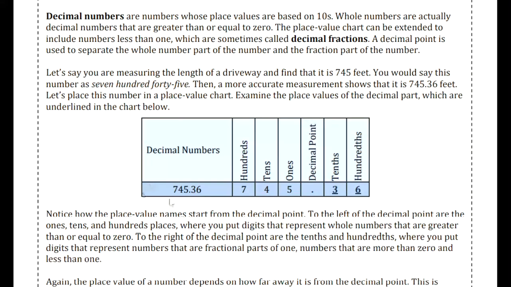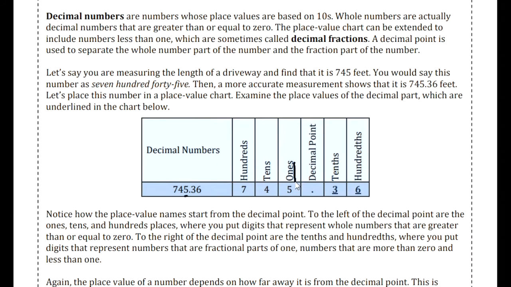For example, 745.36. We see 5 different digits. Each digit is a certain distance away from the decimal point. For example, the 5 is directly to the left of the decimal point. It has a name.